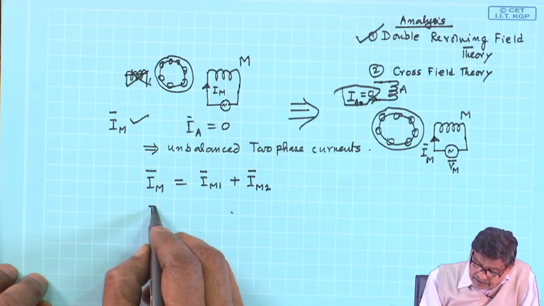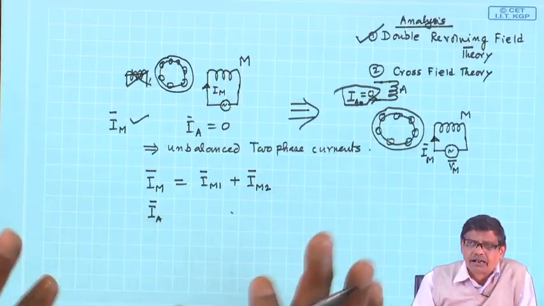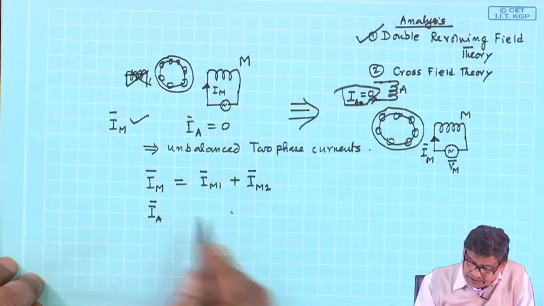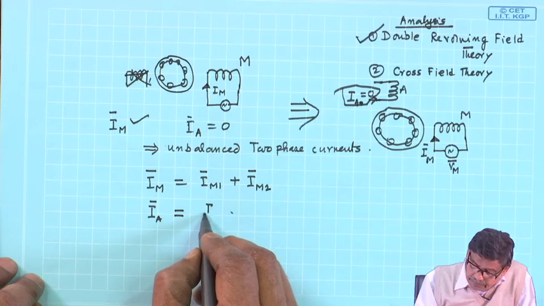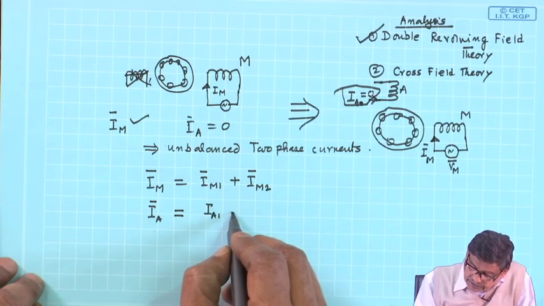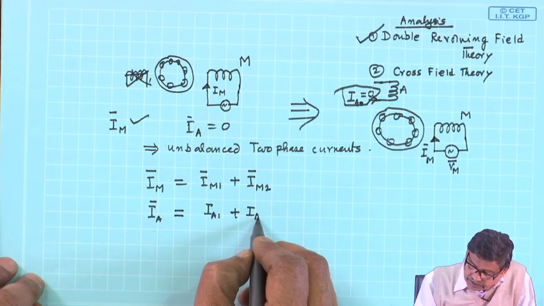and the auxiliary current. Why it is called auxiliary, I am just arbitrarily calling now. We will see later why they are so named. I A will have its positive sequence current plus negative sequence current.